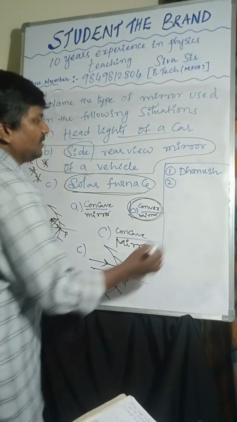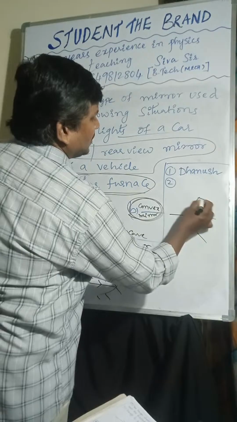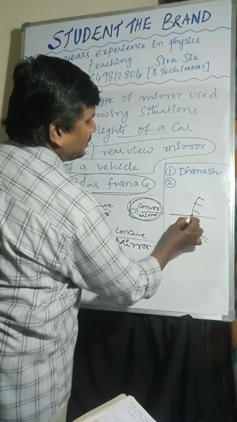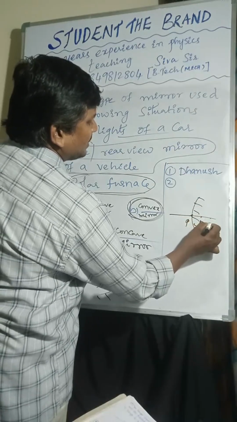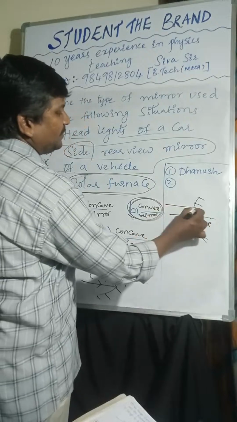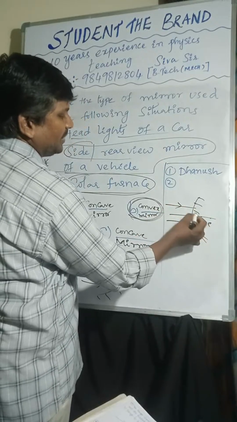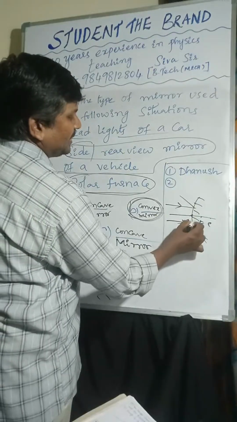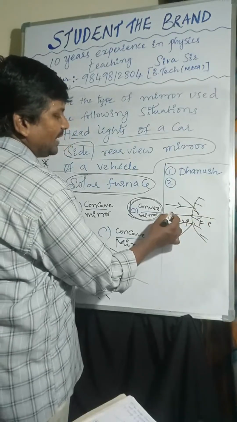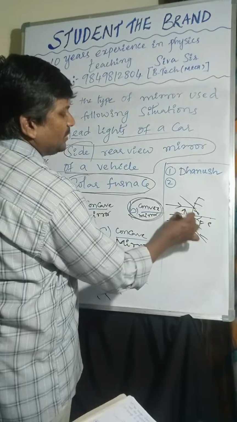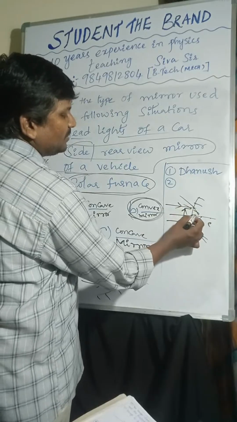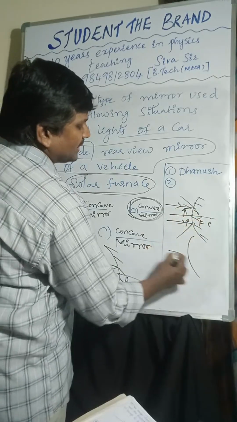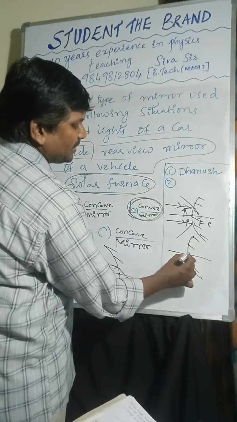See, if you are taking the convex mirror like this, this is the pole, focus and center of curvature. If the object is at infinity, light rays will meet at focus. If you are taking the object near to the mirror, in front of the mirror, the image will form between.